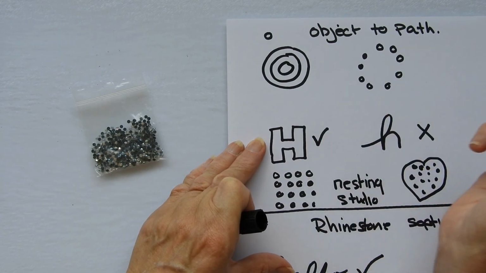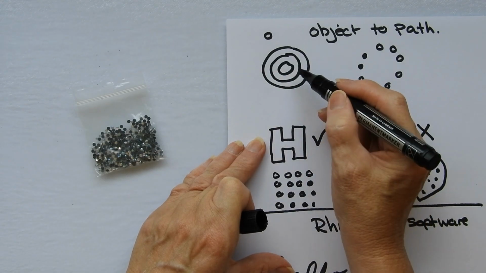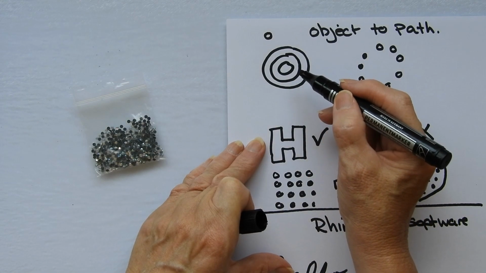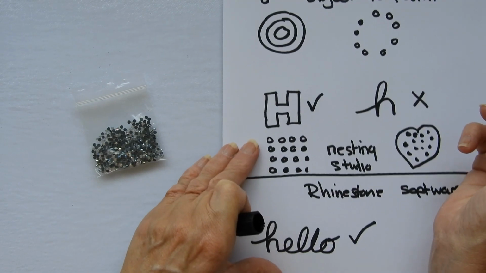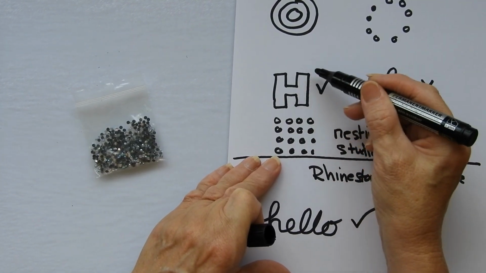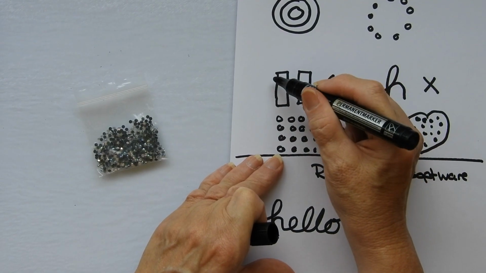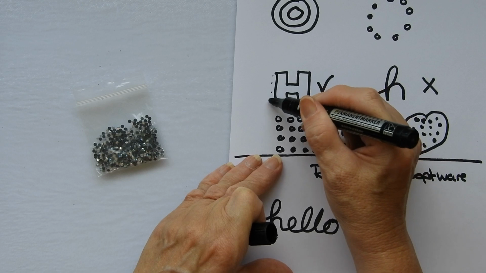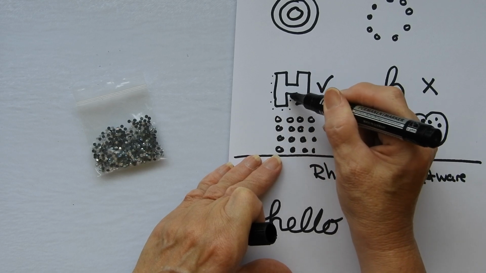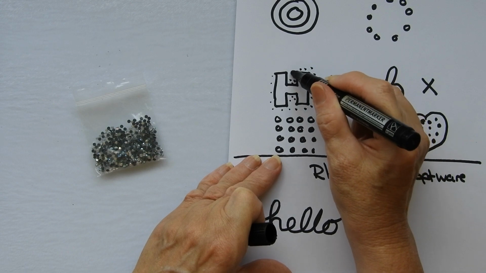Now, the difficulty is you can't just select all of it and go Object to Path. You have to do those paths individually. It won't do it any other way. With Object to Path, you can also do individual chunky letters, for example, and it will put those rhinestones, or the holes I should say, all the way around here, and it will complete the shape.